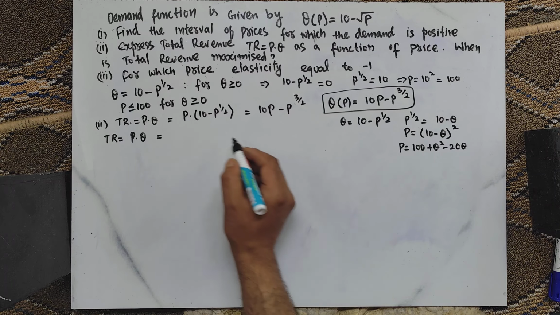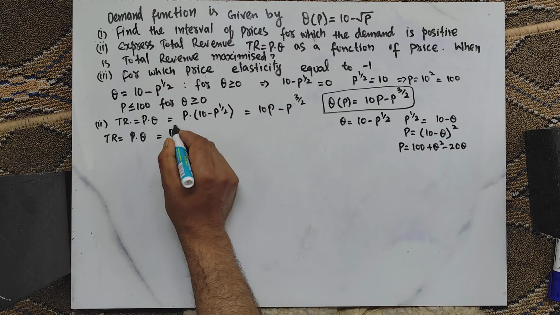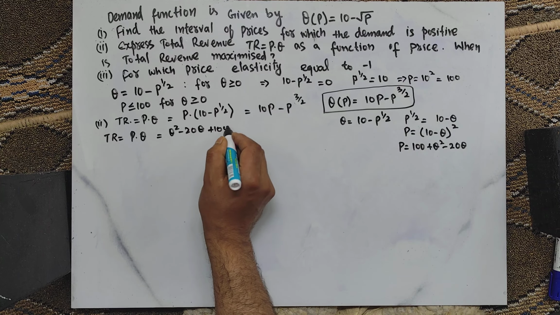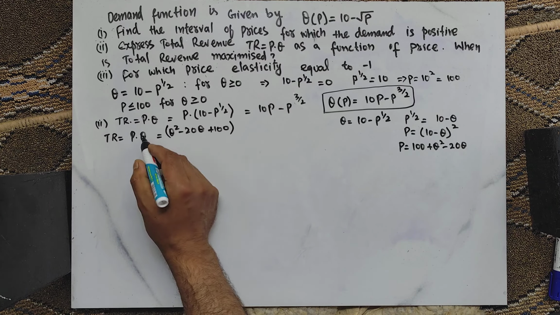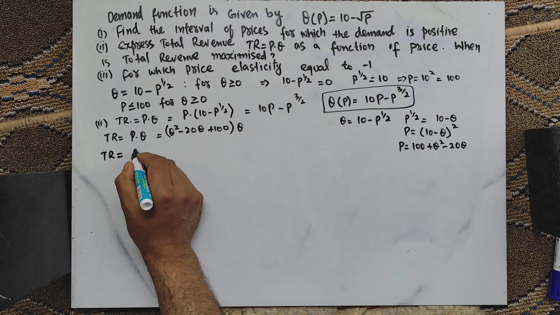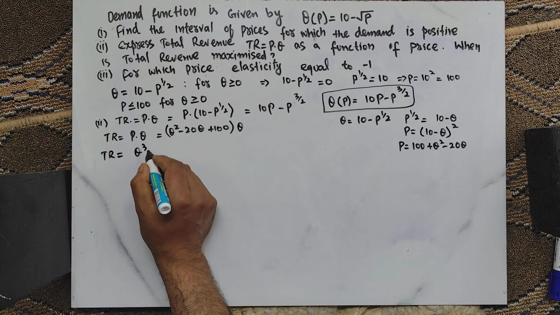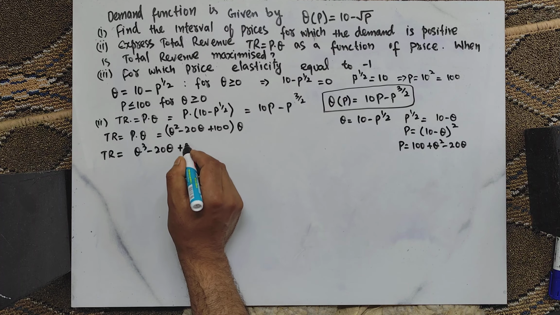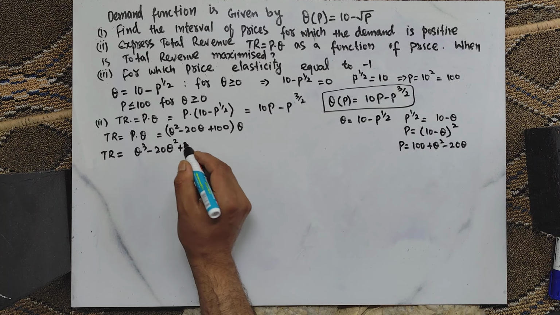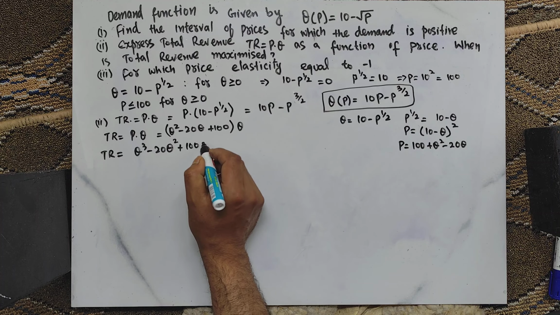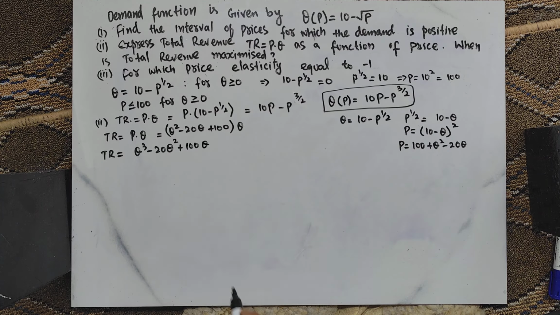In place of P we write Q square minus 20Q plus 100, and multiply it by Q. So our total revenue will be equal to Q cube minus 20Q square plus 100Q. This is our total revenue.